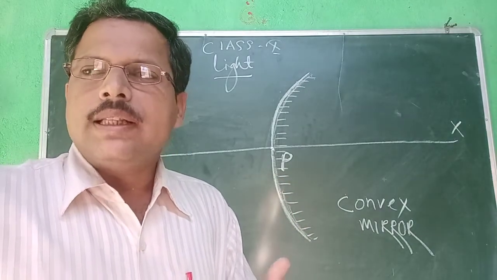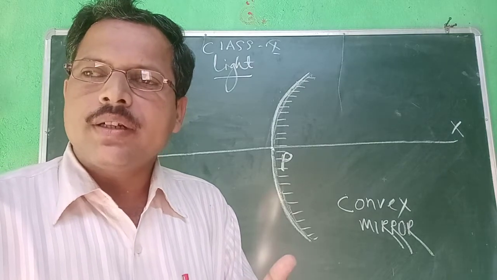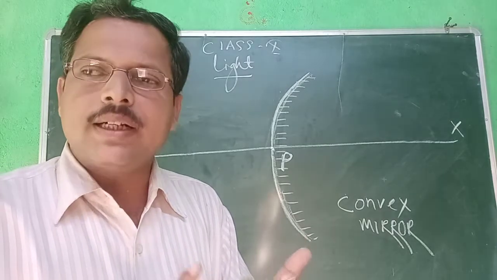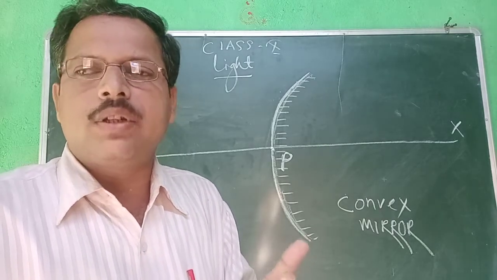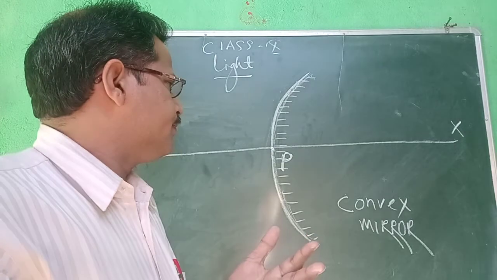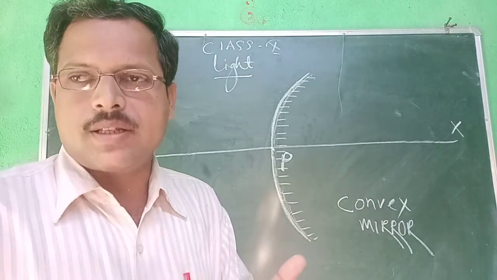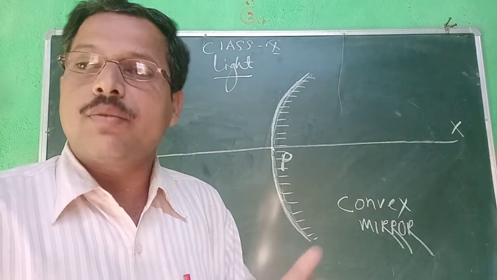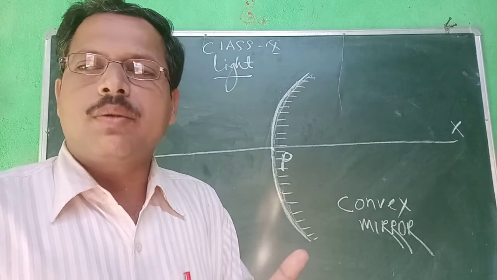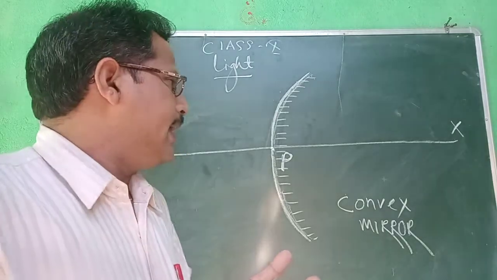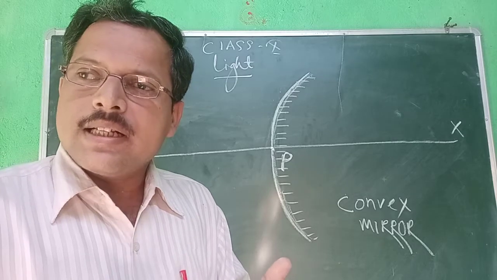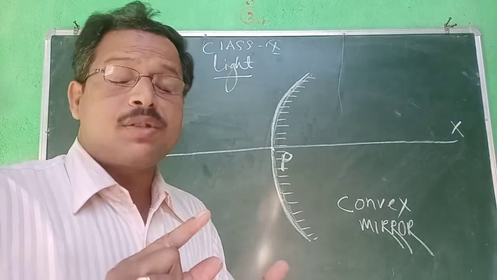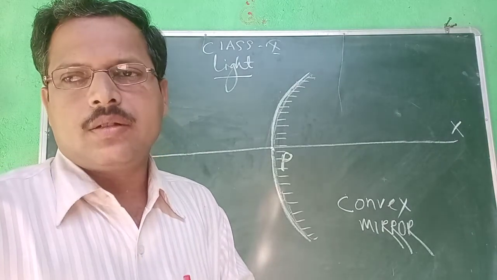The point at which the reflected ray cuts or intersects the principal axis is the principal focus. The distance from the pole to the principal focus is called the focal length.